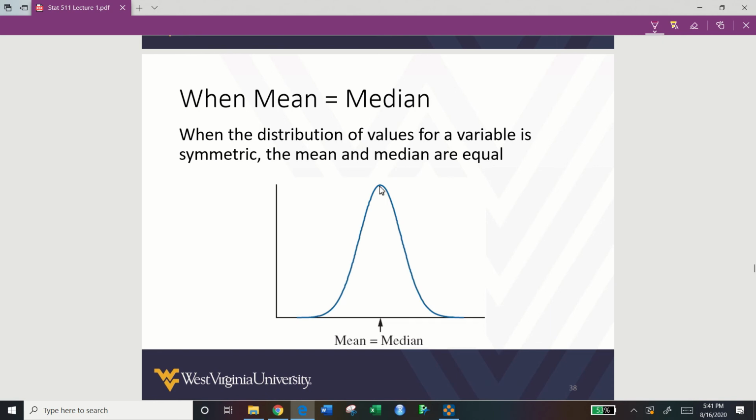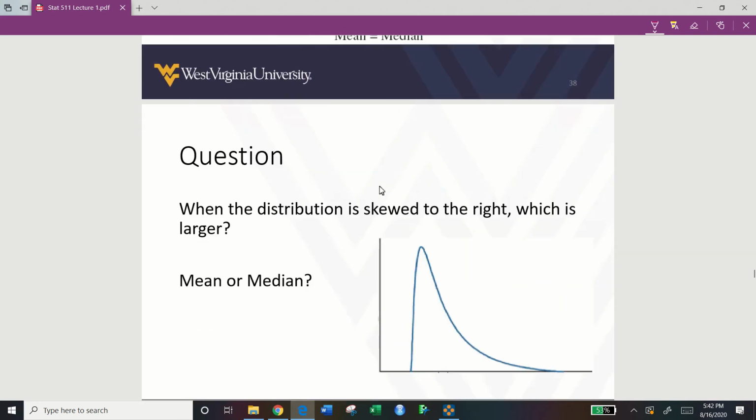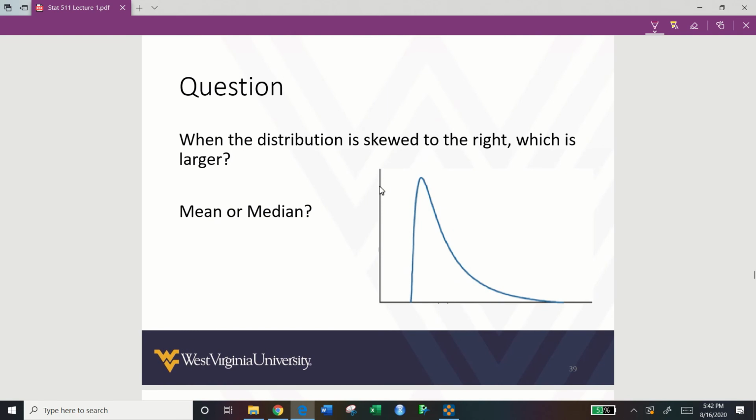And what do I mean by that? Well, if you're looking at a data set that is symmetric, then your mean and your median should be approximately equal. When your distribution of data is skewed, your mean and your median are not going to be equal. The mean is something that is very sensitive to outliers or more extreme observations.